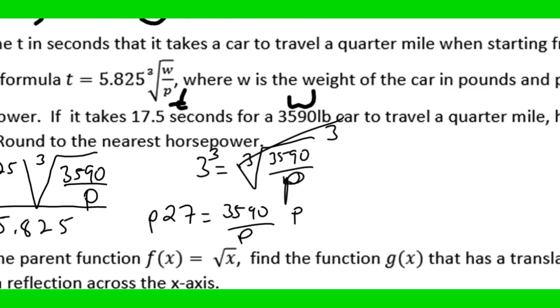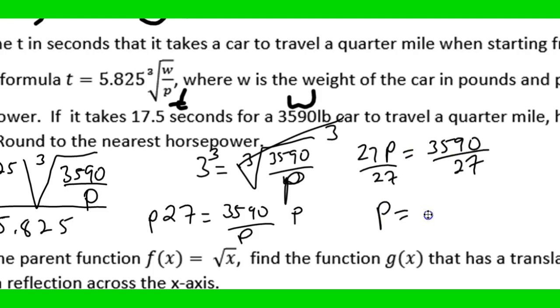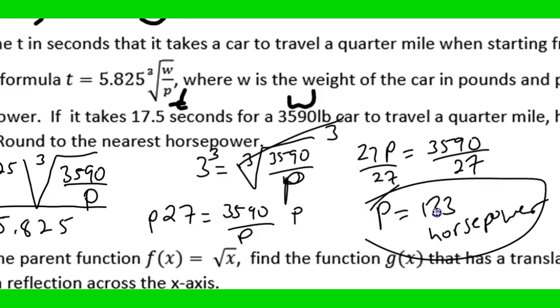So I have 27P equals 3,590, and then we divide by 27. So P equals 133. All right, so 133 horsepower.